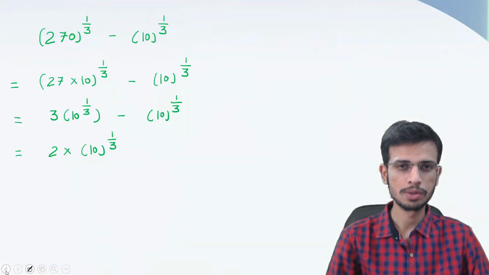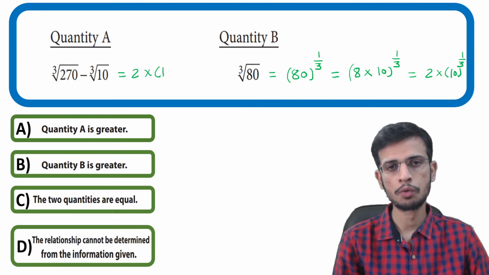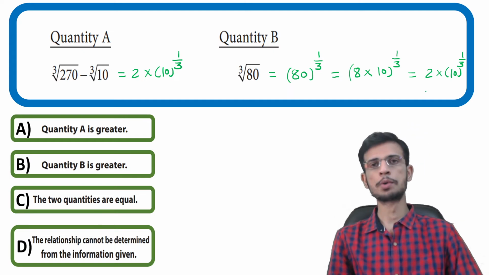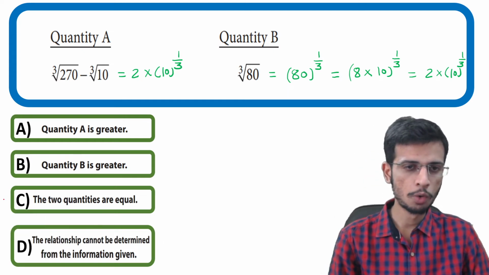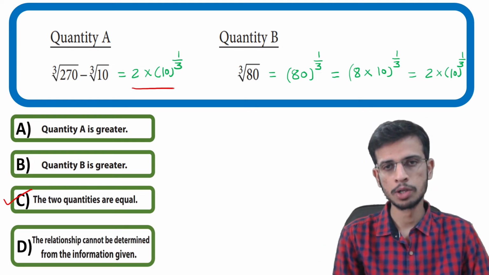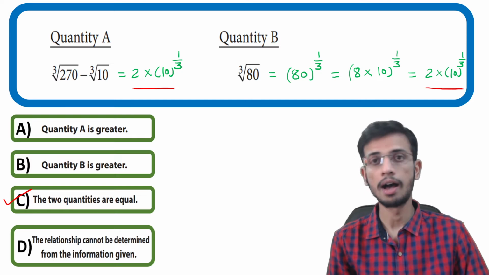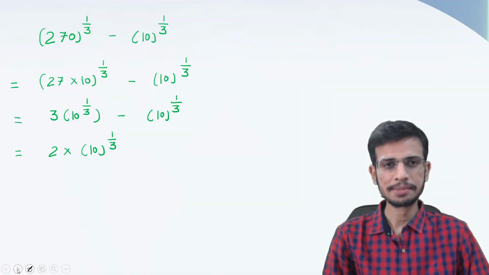This is equal to 2 times the cube root of 10, and this is also equal to 2 times the cube root of 10. So we can say option C will be correct. Both the quantities are equal. Option C is correct. Okay, so let us move on to the next question.